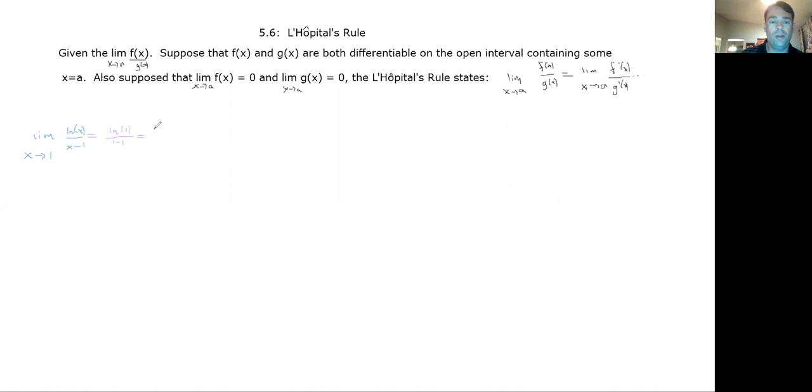So notice I end up getting an indeterminate form. The indeterminate form means that I can possibly do something.